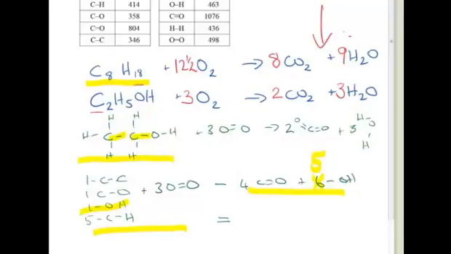If we go through and replace that with numbers, you'll end up with an overall minus 1263 kilojoules per mole, and if you then divide that by 46.1 to see how much is per gram, that should give you a number in the region of 24.5. So that's again a minus 24.5 kilojoules per gram.